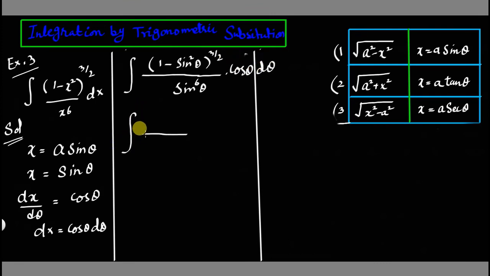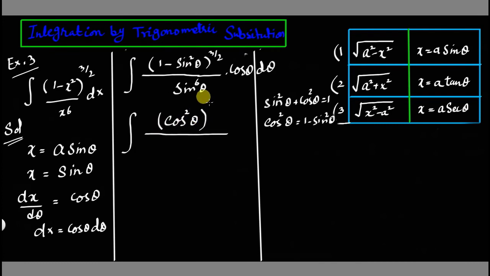Now we have to simplify this factor. 1 minus sin square theta is equal to cos square theta. We know the simple identity, sin square theta plus cos square theta is always equal to 1. From here we get cos square theta is equal to 1 minus sin square theta. So in this manner we can substitute 1 minus sin square theta by cos square theta.